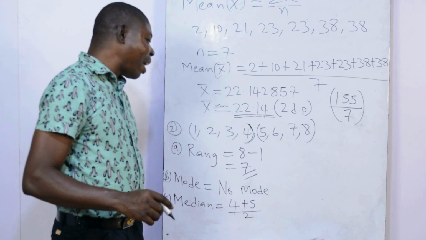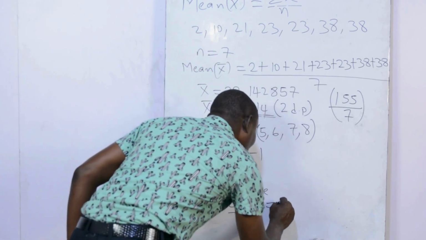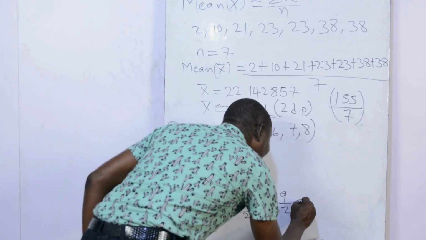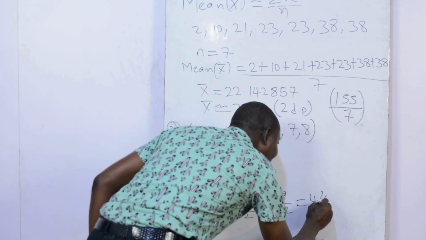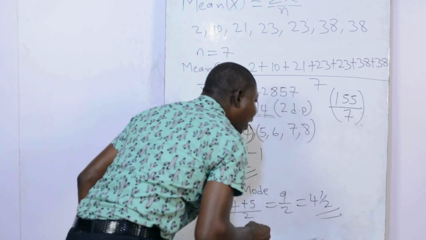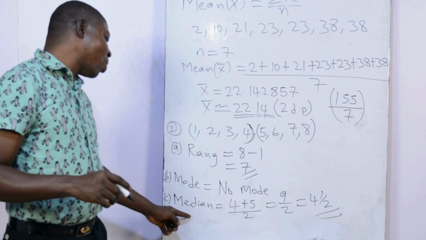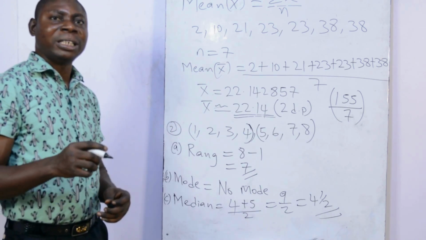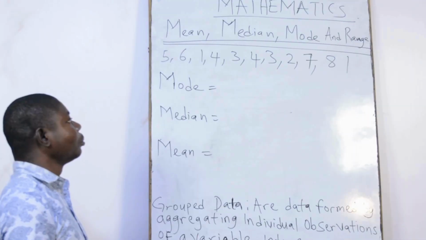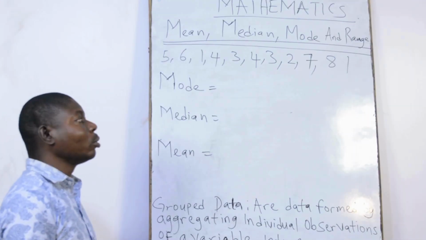You will get 9 over 2, which gives us 4 and a half. That's for median.